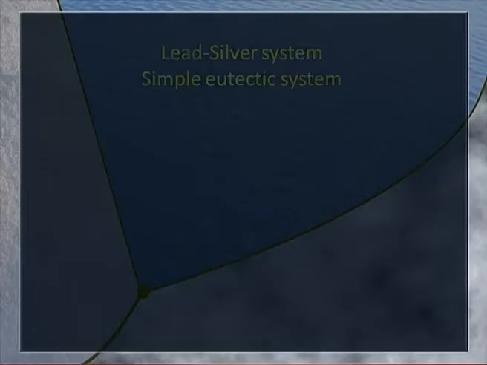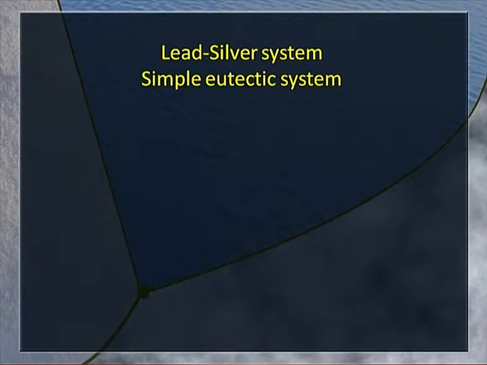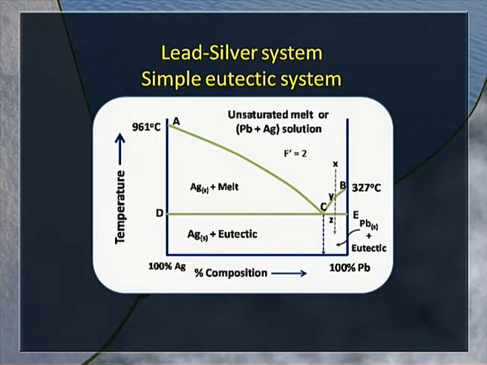Another interesting system is the lead-silver system. This also belongs to the simple eutectic system, and you can see the diagram here. Very similar diagram. At one end you have 100% silver, at the other end you have 100% lead, and you can see the eutectic point C here.